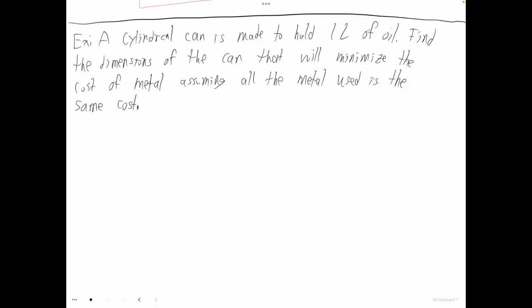So what we've got here is a cylindrical can. If we draw a can of oil, we've got this can of oil that we're creating, and its volume is going to be 1 liter. And we're trying to figure out how to minimize the cost of metal.